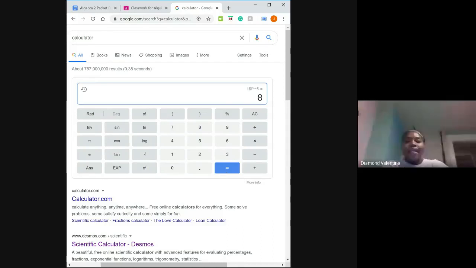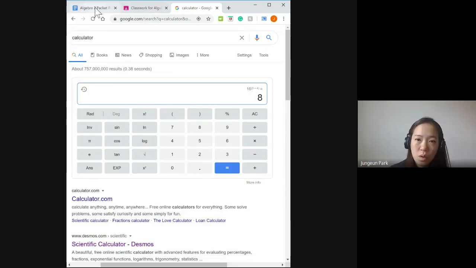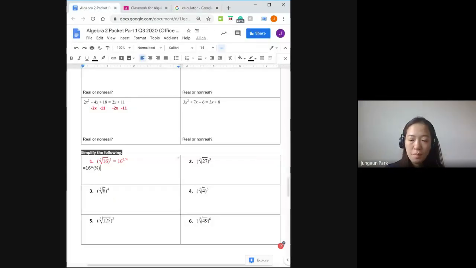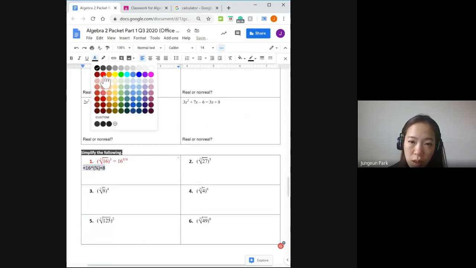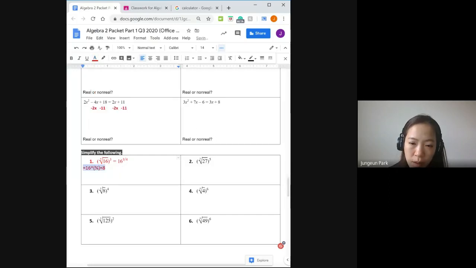Okay, so that gave me 8. So you need to use the calculator to do that again. Can you try it on your own and see if you get 8 as well?